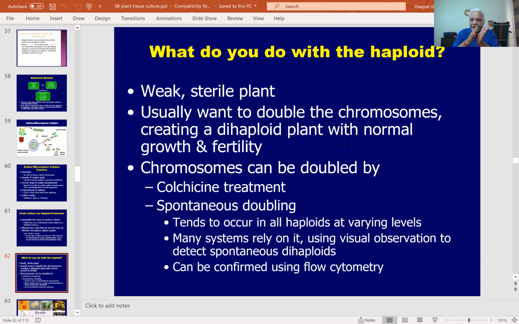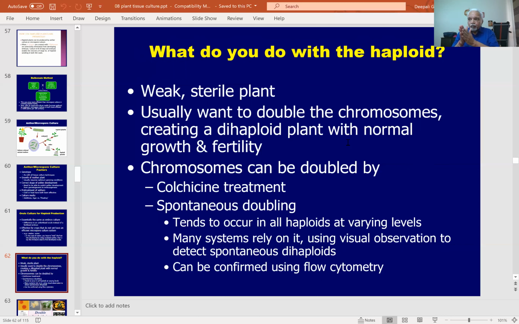So, haploid, dihaploid. You now have two sets of haploid chromosomes, so they are referred to as dihaploids. When a haploid set of chromosomes gets diploidized, we call it dihaploid formation.